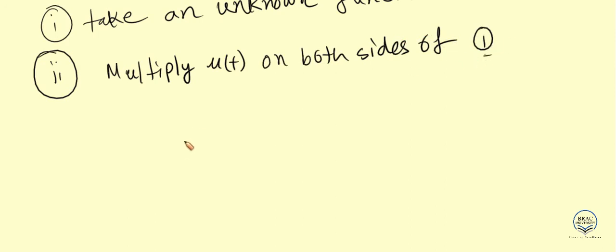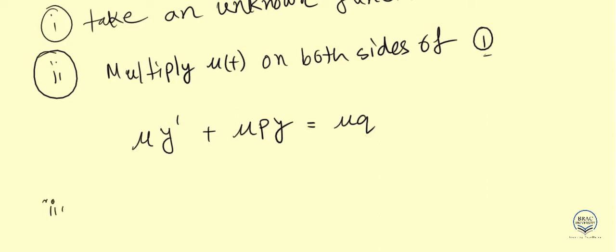If you do that, and I'm not writing t explicitly right now, but you should understand from the context that these are functions of the independent variable t, we'll write mu y prime plus mu p y equals mu q. Okay, this part is done. This is pretty trivial, but now comes the non-trivial step.